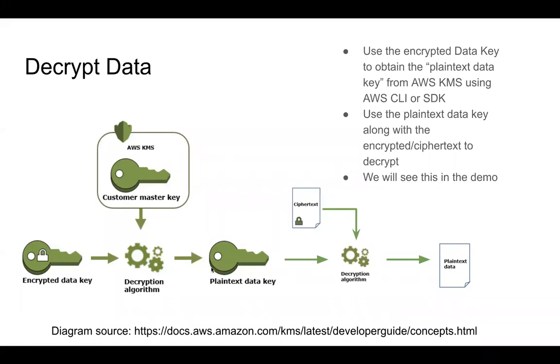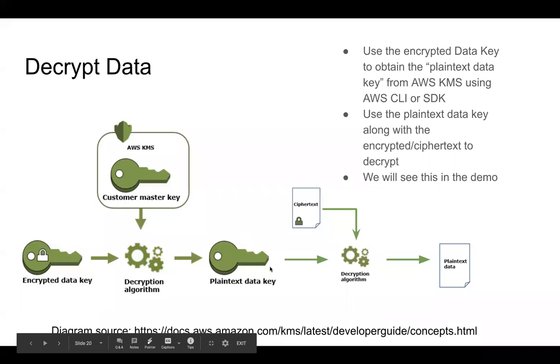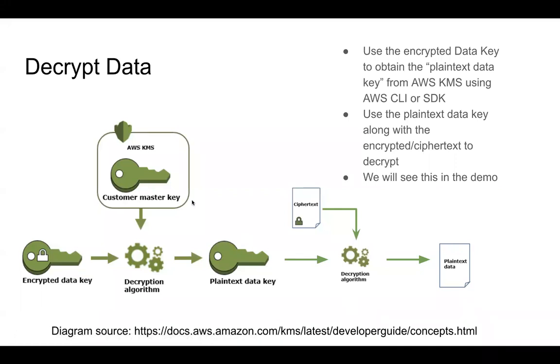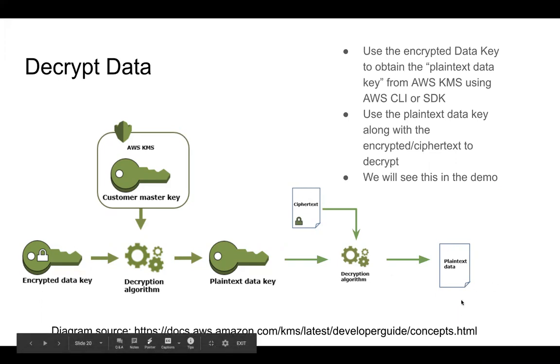Once the plain text version of the data key is provided by AWS KMS, using the customer managed customer master key, it is used along with the ciphertext to get the plain text.